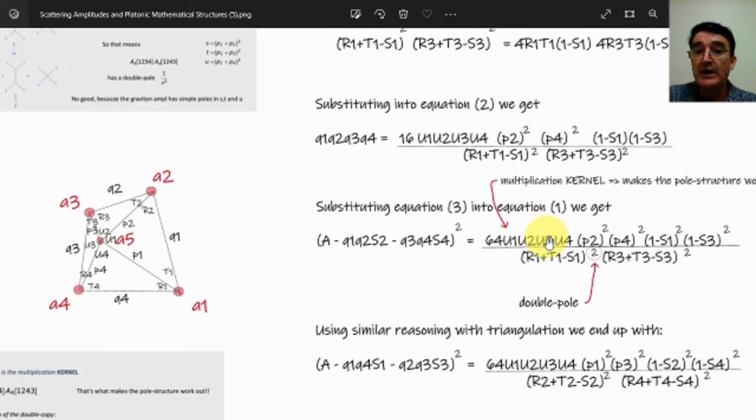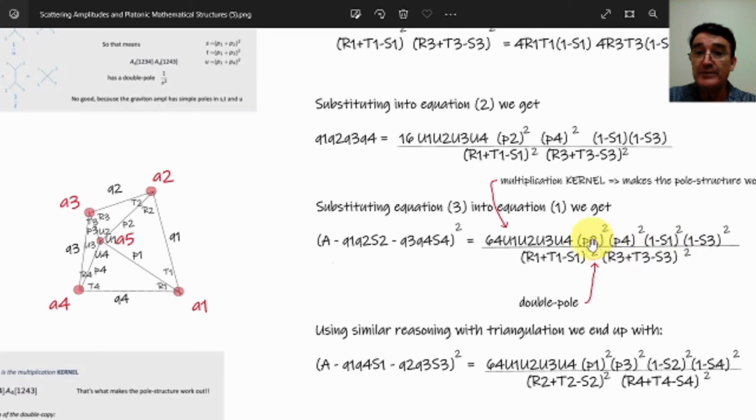And then these U1, U2, U3, U4 are like a multiplication kernel. And so that's the locality structure that he's looking for. And the unitarity structure is the factorization into two pieces.